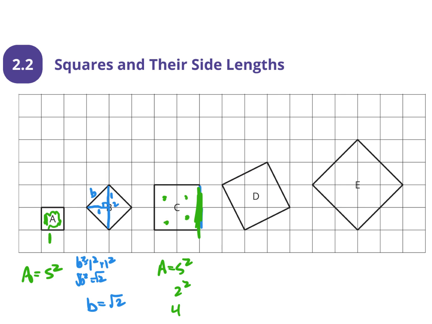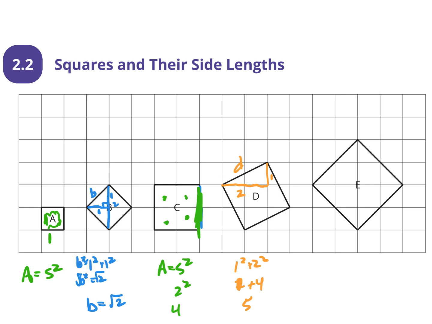With the last one, it's a little more difficult. Now what we're going to do is go here to get some measurements. This is 2, this is 1. 1 squared plus 2 squared: 1 times 1 is 1, plus 4 is 5.